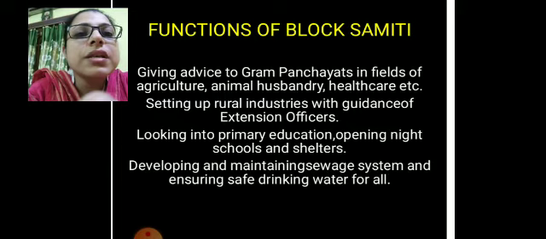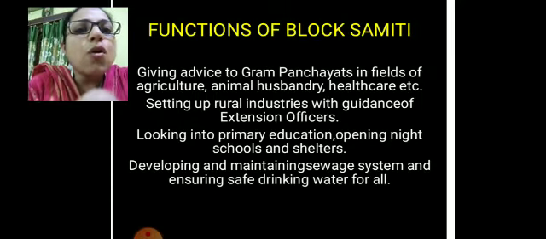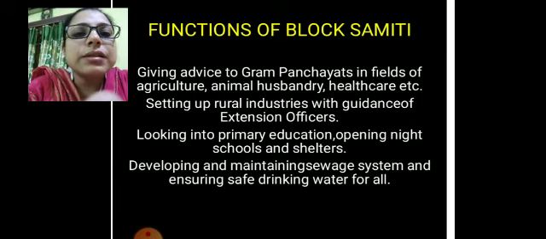Extension officers are the special officers who give guidance to the rural people on different issues. Now, looking into primary education, opening night schools and shelters for the people, developing and maintaining sewage system and ensuring safe drinking water to all is also an important function of the block samiti.